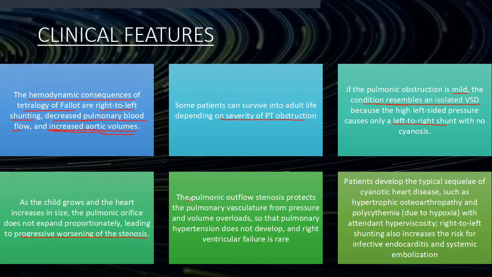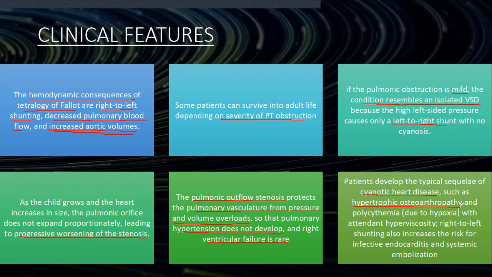Now, the pulmonic outflow stenosis protects the pulmonary vasculature from pressure and volume overload. So pulmonary hypertension does not develop, and right ventricular failure is rare in tetralogy of Fallot if the outflow obstruction is severe. Now, patients develop the typical sequelae of cyanotic heart disease, including hypertrophic osteoarthropathy.